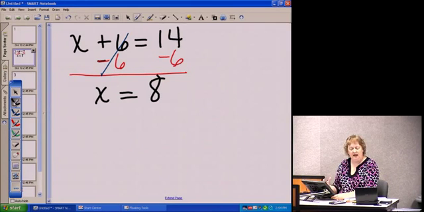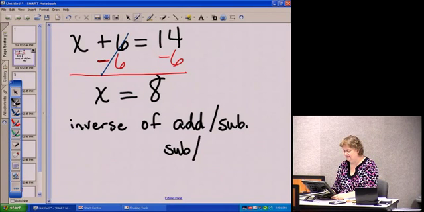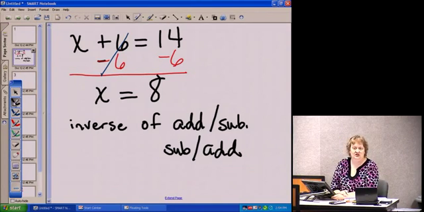And we've applied the rule that the inverse of addition is subtraction, and the inverse of subtraction is addition.